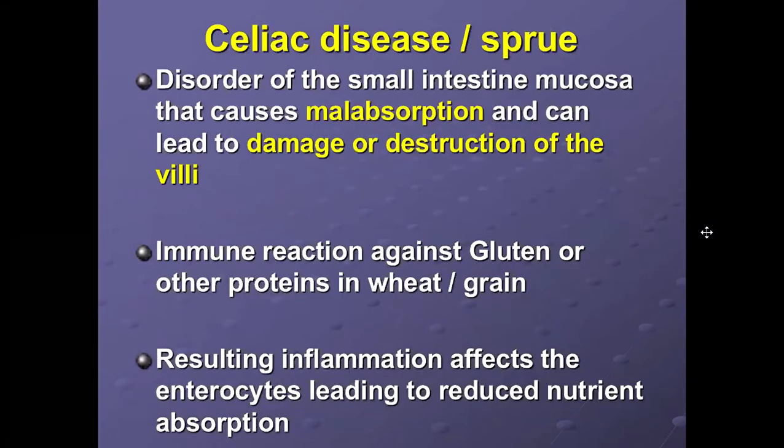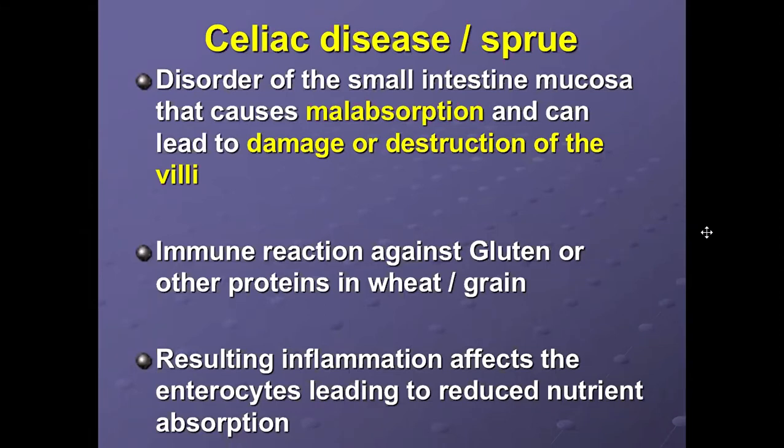Now, these are the diseases that may occur in your gastrointestinal tract. Celiac disease, or sprue, is a disorder of the small intestine mucosa that causes malabsorption and can lead to damage or destruction of the villi.